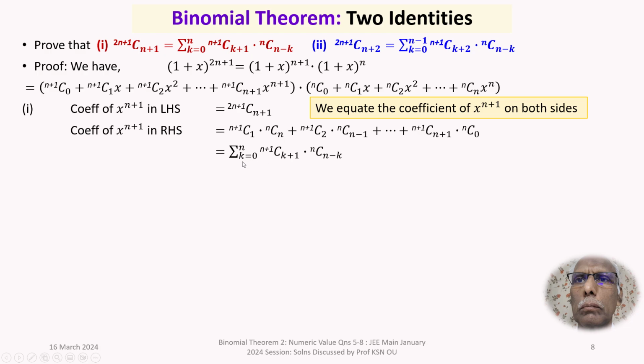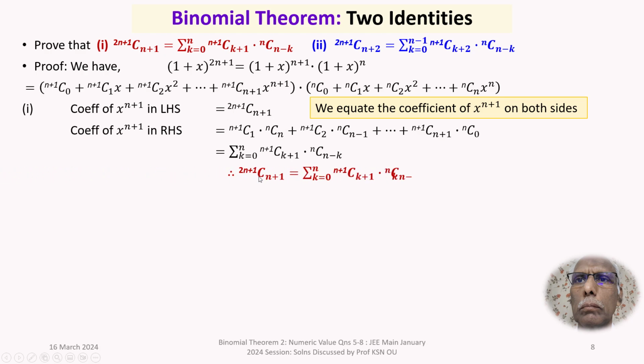When k is equal to 0, it is 1, when k is equal to 1, it is 2, when k is equal to n at the end, n plus 1, correct. And for the next one, nCn minus k, when k is equal to 0, n, when k is equal to 1, n minus 1, when k is equal to n, n minus n, 0. So that is the sigma notation we have. Now these are the coefficients of x to the power of n plus 1 on both sides. Therefore they are equal.